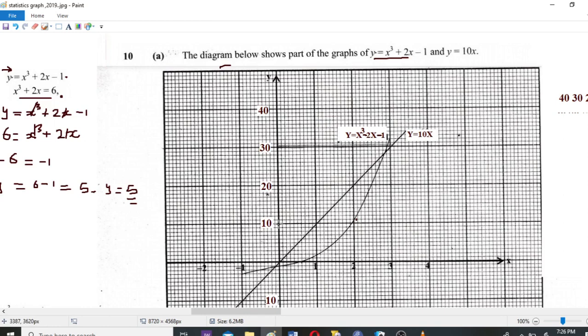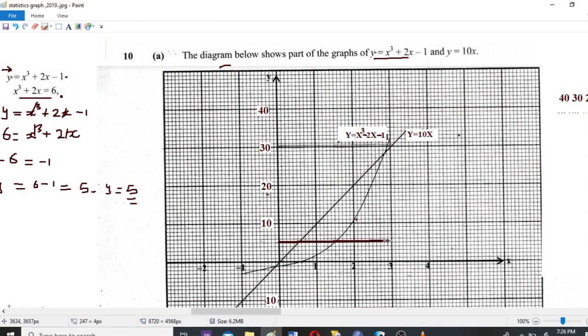So from 0 at the center here to 10, we have 10 units. That means each small box is carrying 1 unit, or let's say starting from 0, each horizontal line is 1 unit. If you want 5, we're going to count 5 of them. So we have 1, 2, 3, 4, 5. This is where my 5 is reaching.